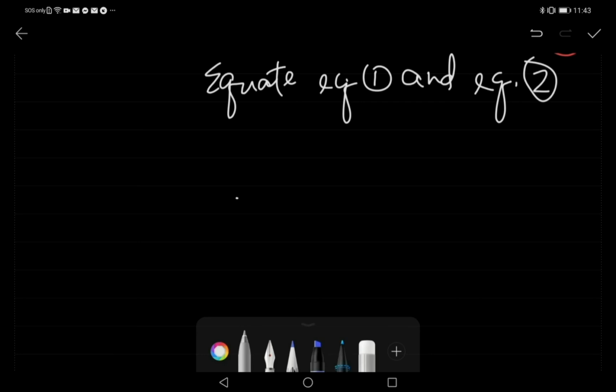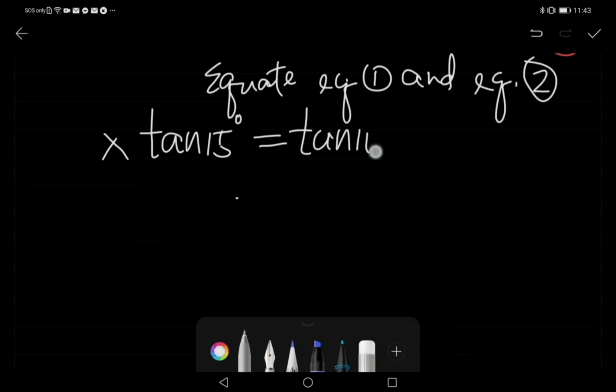So x tangent 15 equals tangent 10 degrees plus x tangent 10 degrees.